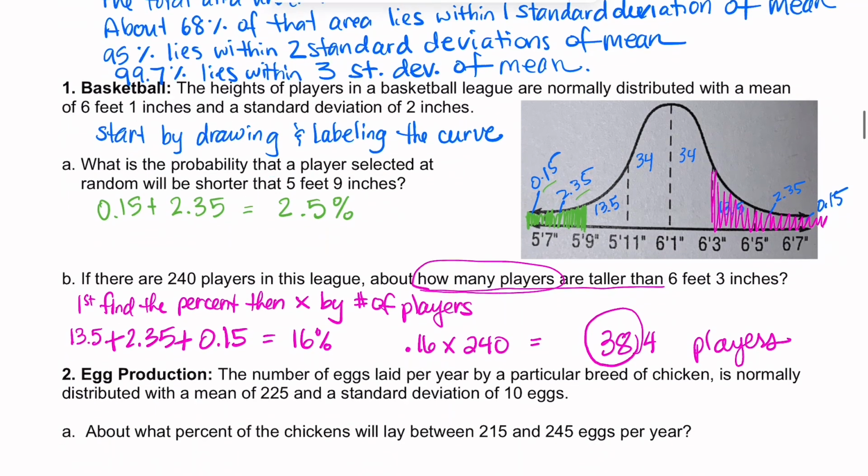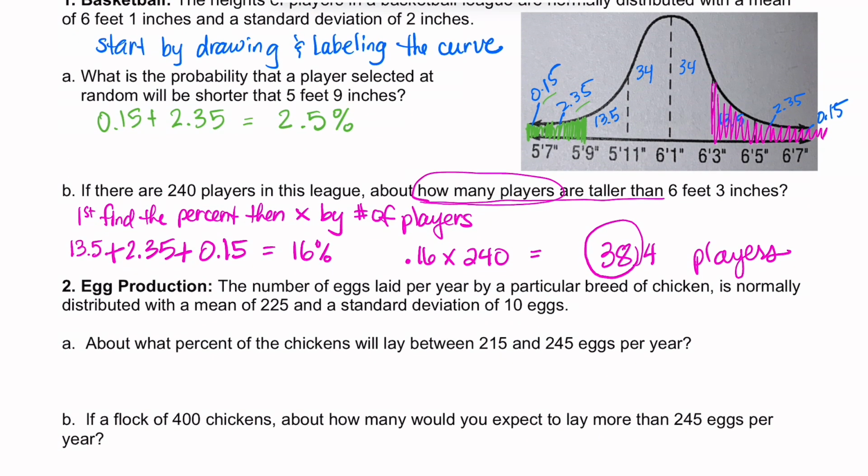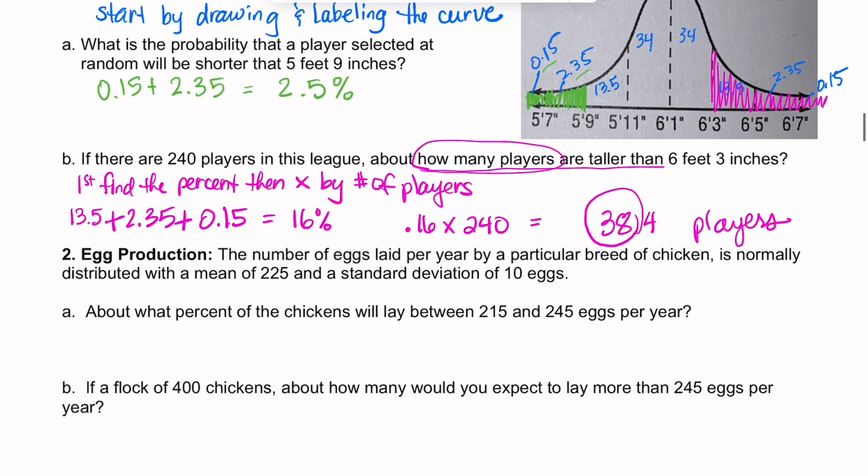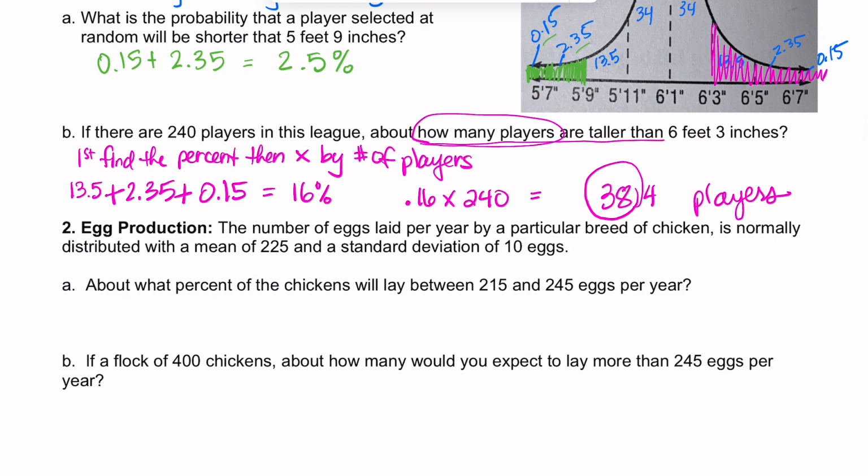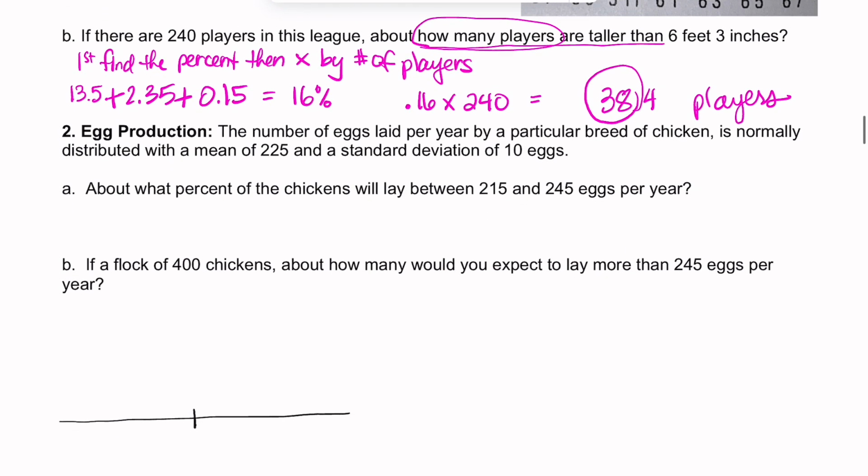Let's look at another example. It says the number of eggs laid per year by a particular breed of chicken is normally distributed with a mean of 225 and a standard deviation of 10 eggs. Remember, the first thing we want to start with is drawing and labeling our curve. So the mean is 225 and a standard deviation of 10. So 225, 235, 245, 255, 215, 205, and 195.